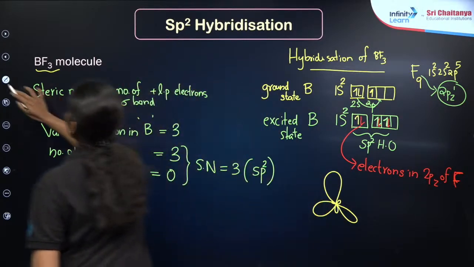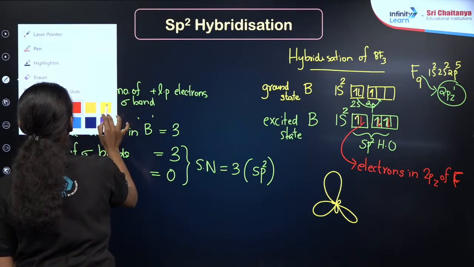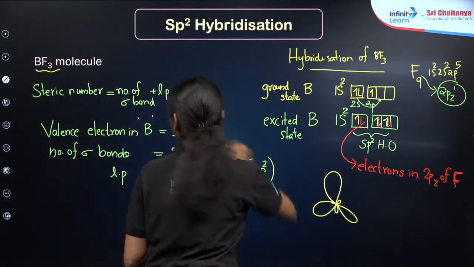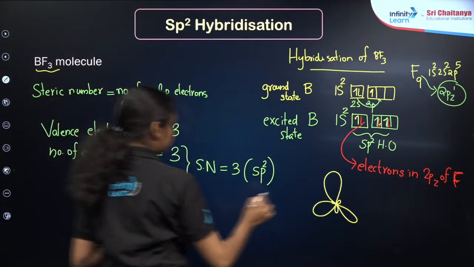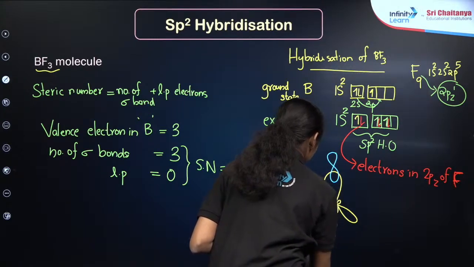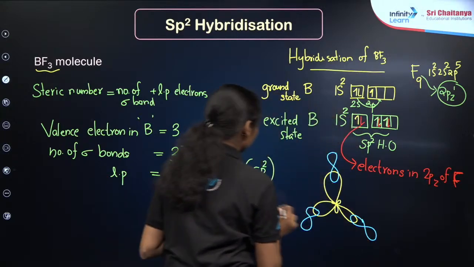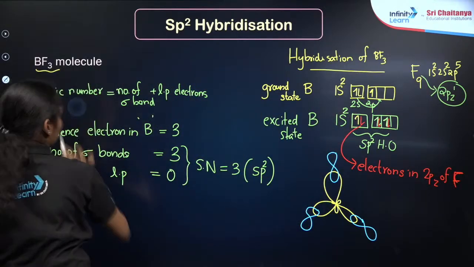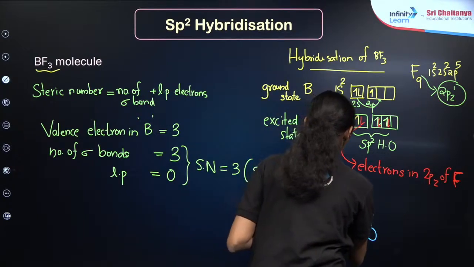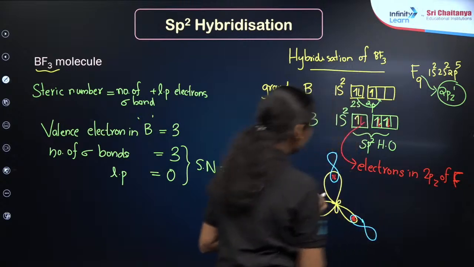So here the 2p of the fluorine is overlapping. Clear?